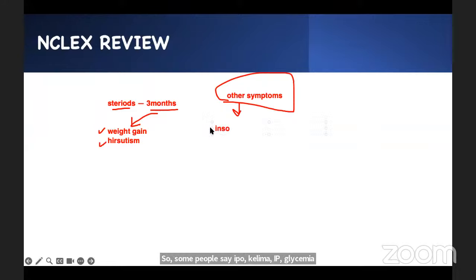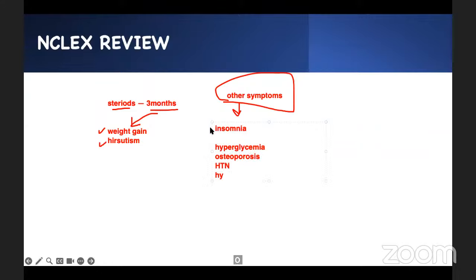Some people say insomnia, hyperglycemia, osteoporosis, hypertension, hypernatremia. What else do I see over there?